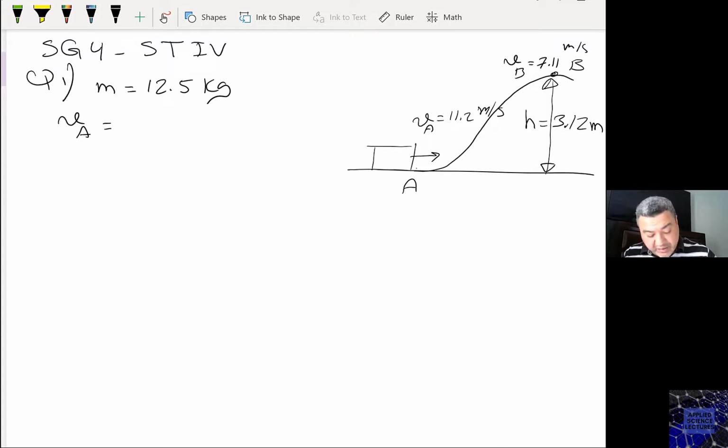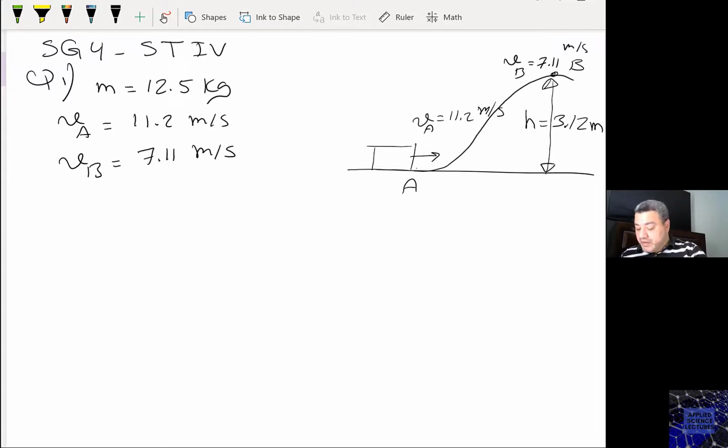EA as 0.2 meters per second. VE as 7.0 meters per second. Determine the amount of thermal energy produced while the box is sliding up the slope.